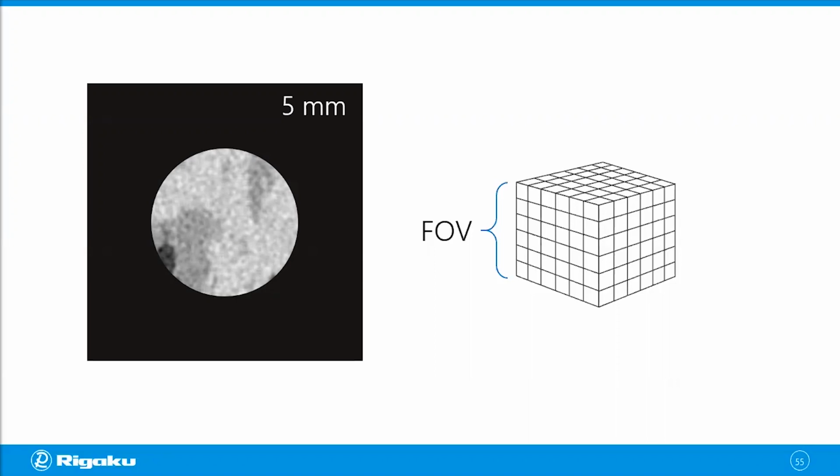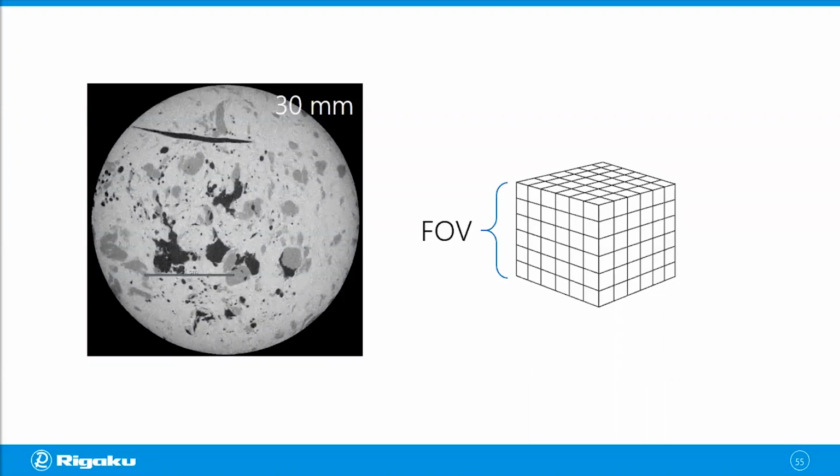You're not going to get statistically reliable results from this tiny view. So we need a larger field of view. So let's go with 30 millimeters. So this looks more like it. We clearly see 3 phases, and each phase has multiple pieces or chunks that should give you better statistical results.